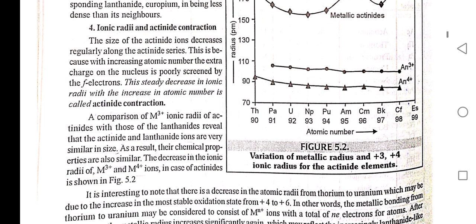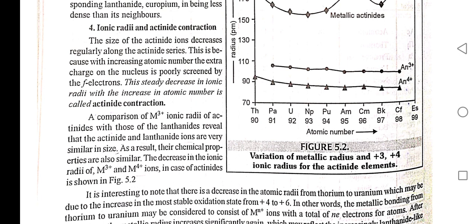Fourth, ionic radii and actinide contraction. The size of the actinide ions decreases regularly along the actinide series. This is because with increasing atomic number, the extra charge on the nucleus is poorly screened by the 5f electrons.